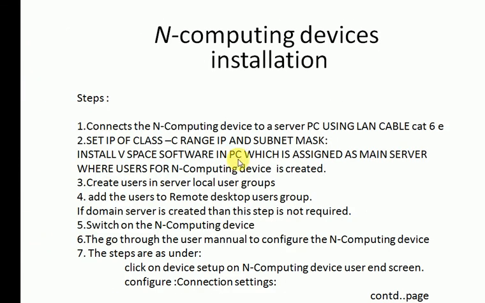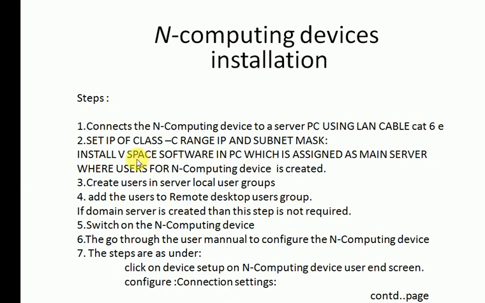Now I will brief the steps here, and please follow them to install your Ncomputing device without any problem. Number one, connect the Ncomputing device to the server using a LAN cable, as already discussed in the above diagram. A class C IP may be assigned to this server with an appropriate subnet mask.